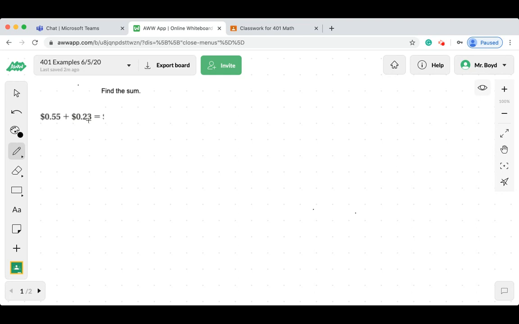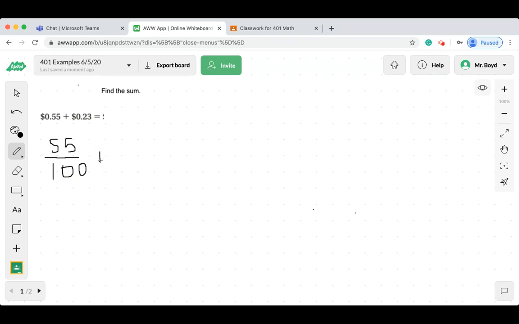So the first thing that I'm going to do is rewrite both of my numbers as fractions. So as I said, I know that I have 55 hundredths, so I'm going to put 55 as my numerator and over 100.